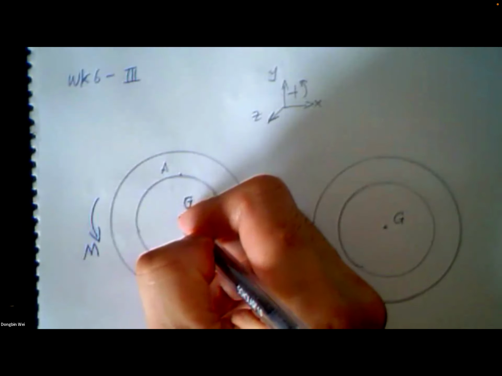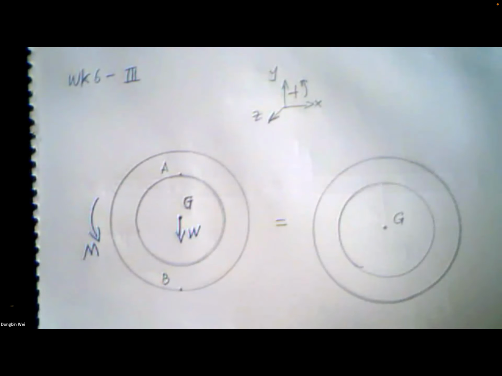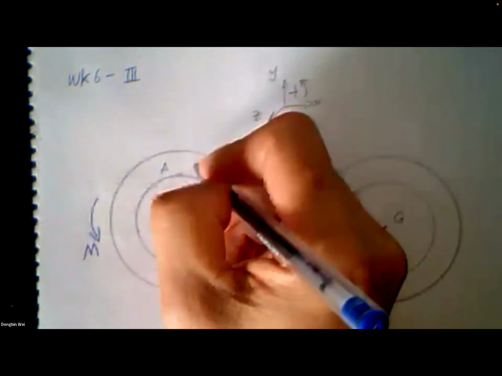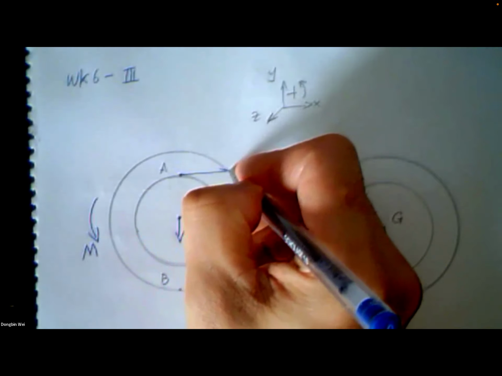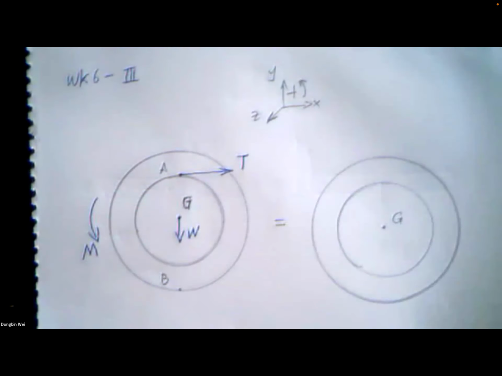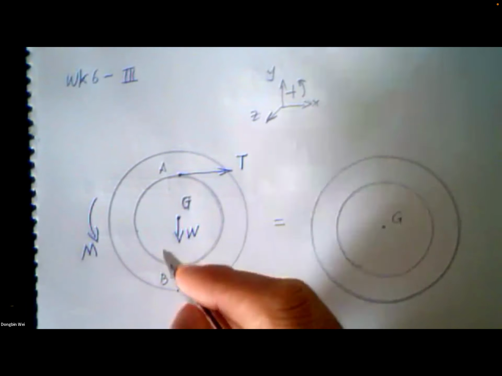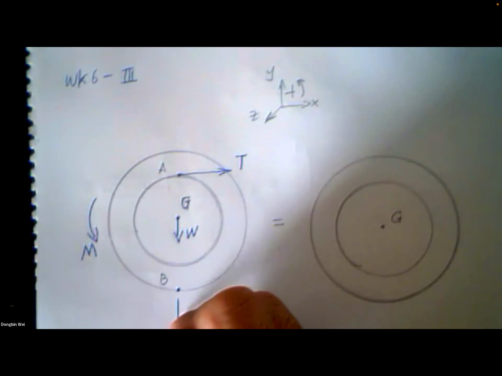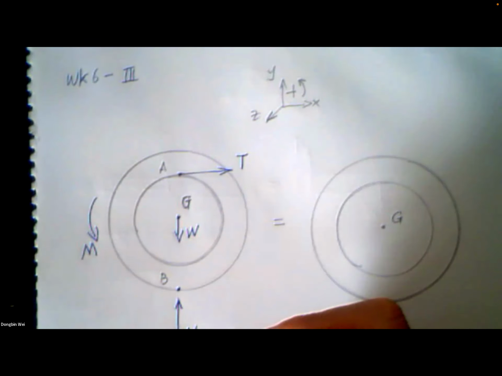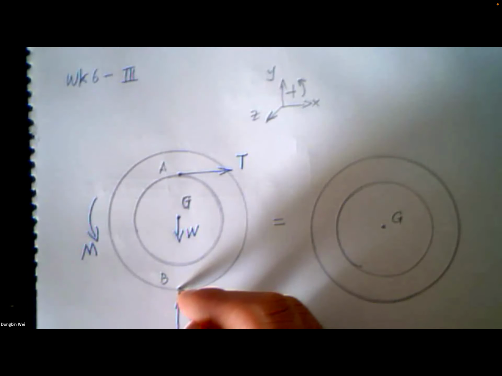At the mass center point G, we must have a weight force W. At point A, we have a tension force from the cord. At the contact point B between this spool and the ground, obviously we have NB reaction force. And we also have a friction force at this contact point.